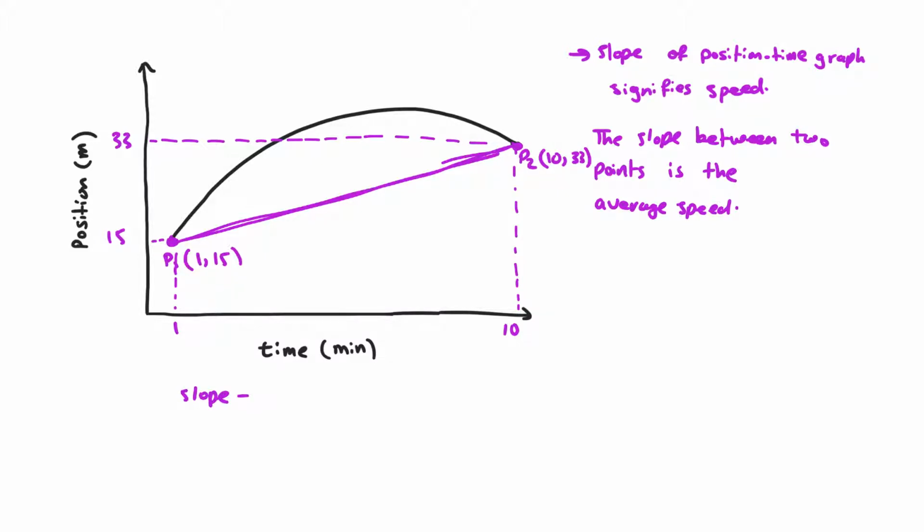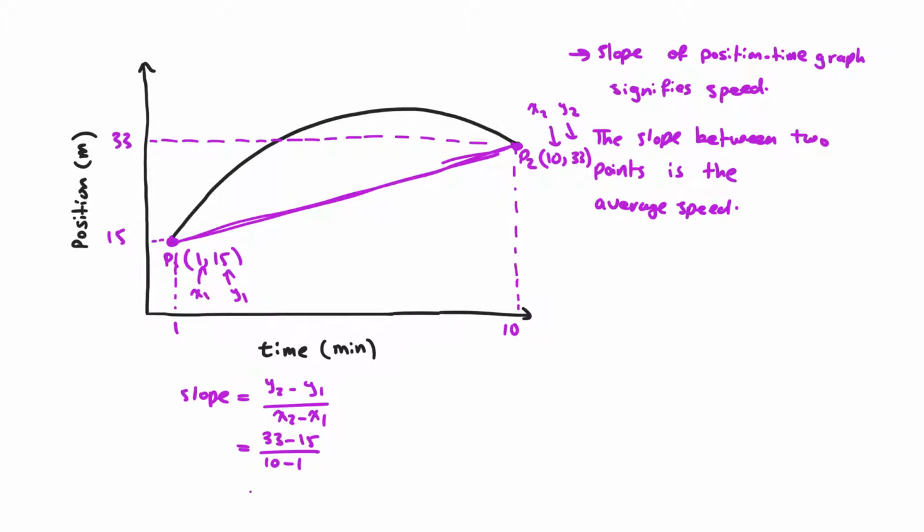And slope is change in y over change in x. So this is x1, y1, and this is x2, y2. So my slope would be y2 minus y1 over x2 minus x1. Once I plug in my values, I get 33 minus 15 divided by 10 minus 1.